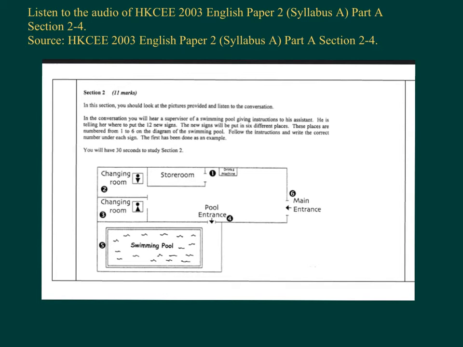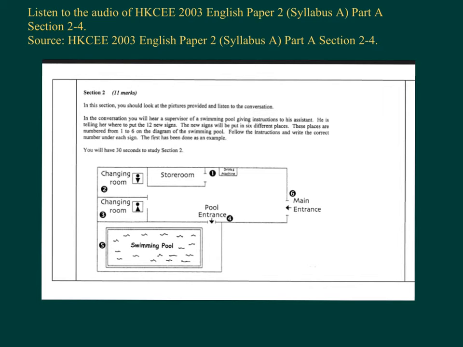Right. Got it. What about this one? The no glasses sign. Put it next to the swimming pool. So, put the no glasses sign outside the main entrance. No, I said next to the swimming pool. Oh, yeah, sorry. Right. What about this drinks one? Well, that one goes next to the drinks machine, next to the storeroom.